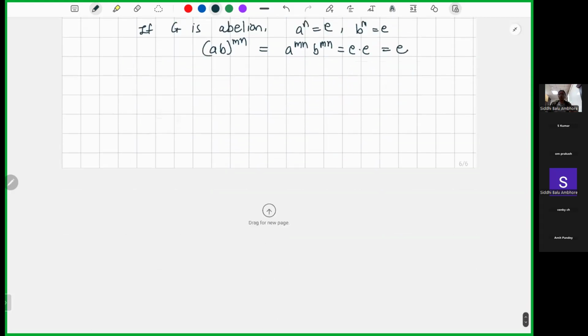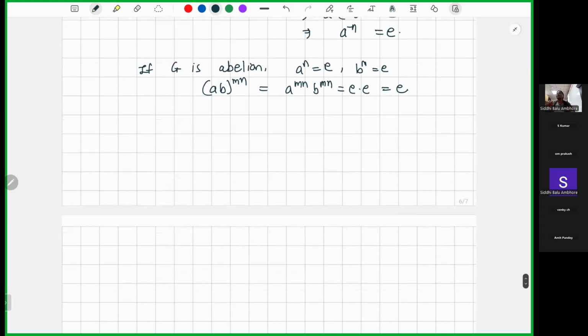That is okay. So if I want to find a counterexample, we have to look for a group which is infinite and not abelian.